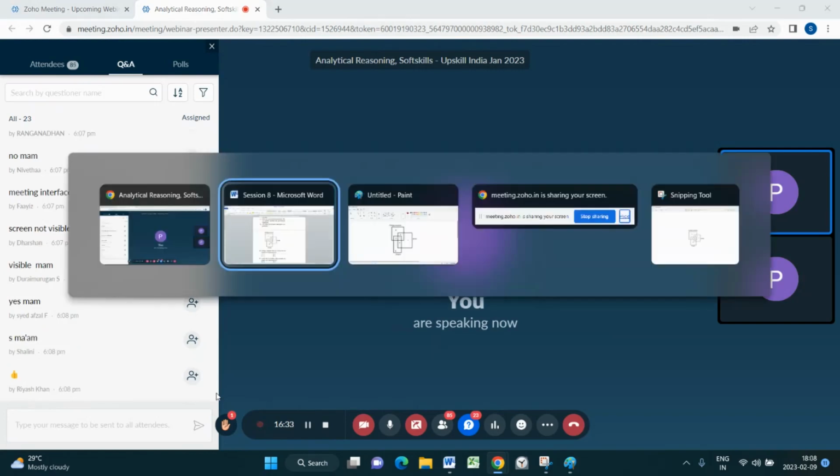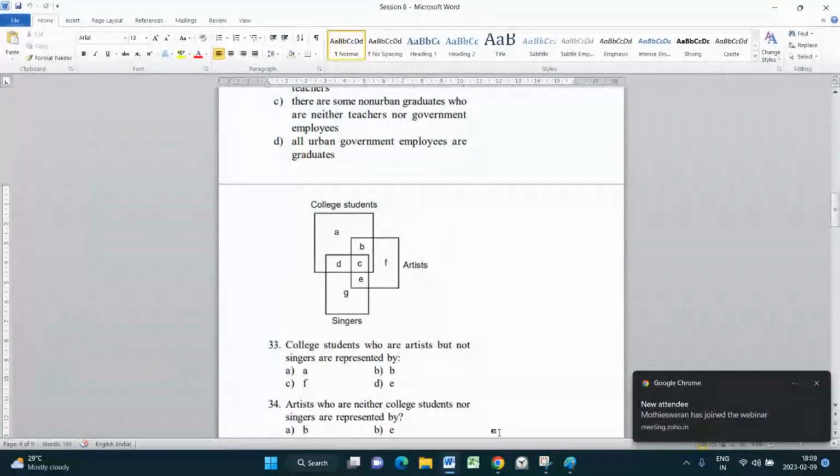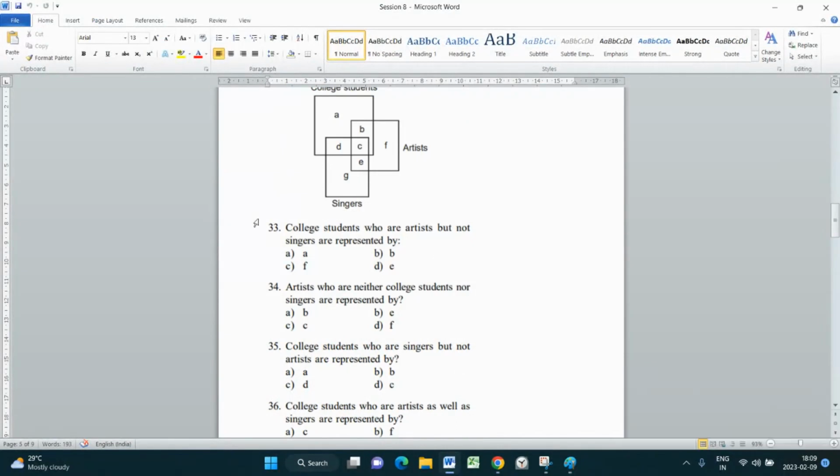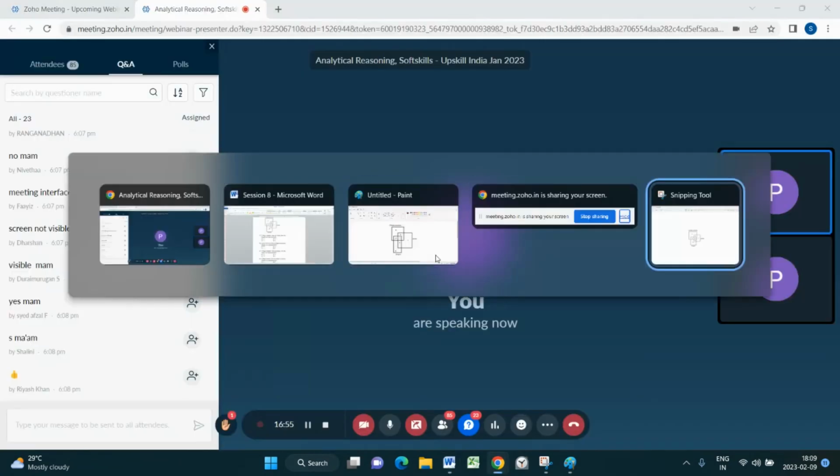Okay, so now I am going back here. Before that, let me read the question. The first question is, college students who are artists but not singers are represented by. College students who are artists but not singers.